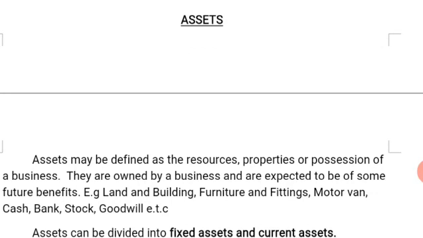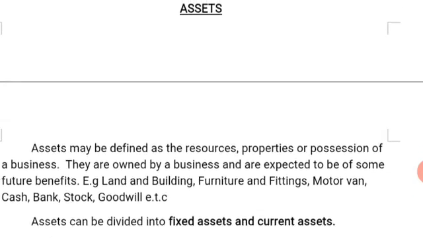To start with, let's look at assets. Assets may be defined as the resources, properties, or possession of a business. They are owned by a business and are expected to be of some future benefits.